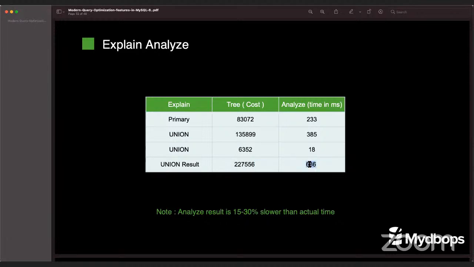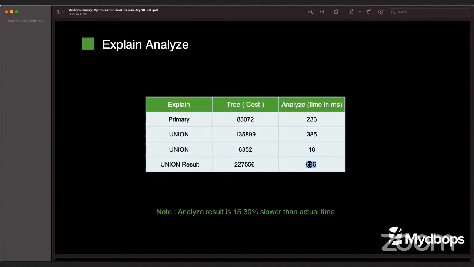We can see that it takes around 636 milliseconds. But when I tried the actual query, it comes around 550 milliseconds. So there is a difference of 100 to 115 milliseconds. So actually it is 15 to 30% slower than the actual query time. The actual query time and the analyze time can differ.